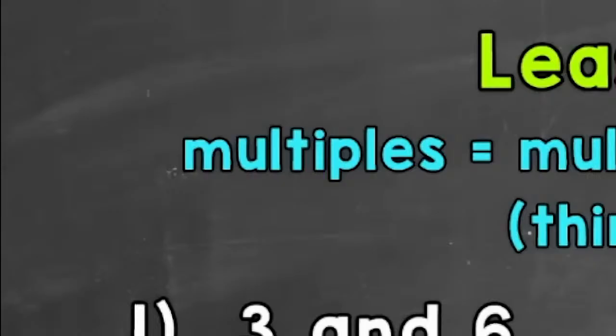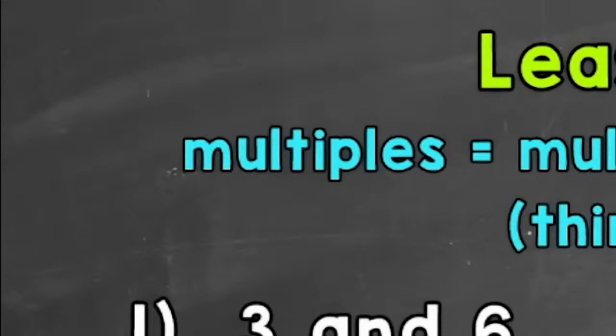So let's write some multiples of 6. Again, think multiply or skip count. 6 times 1 is 6, 6 times 2 is 12, times 3 is 18, times 4 is 24, and times 5 is 30. So we did 5 multiples for each. Let's see if we have any common multiples.